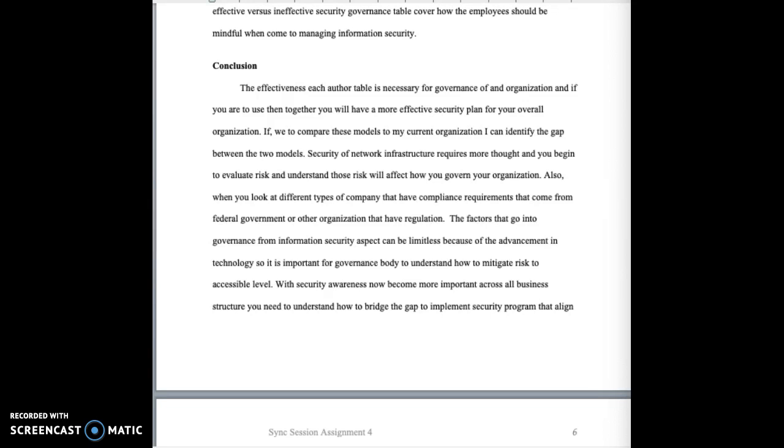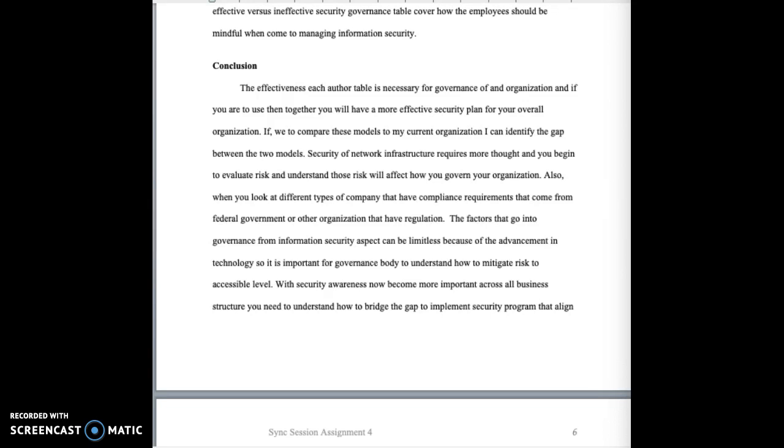The purpose and intent is understanding that everyone on the board shares the same vision. In a typical governance model, everybody wants to make money and be profitable, so the purpose is outlined the same. They may not see it from a cybersecurity or security aspect. Involvement and accountability means taking accountability for the decisions and policies that you make.